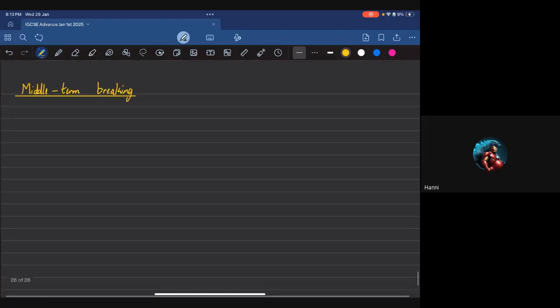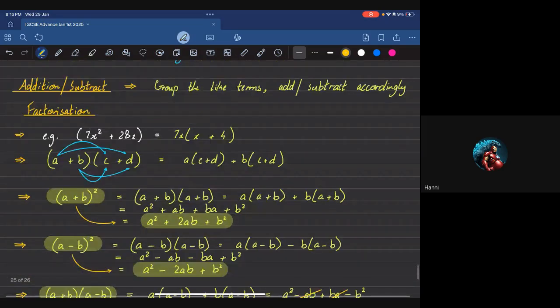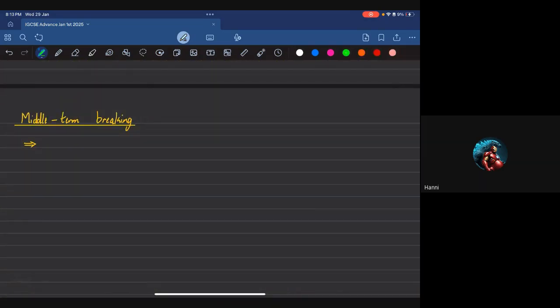For example, I'm going to attempt this in a generic, general form. Let's just say there is a quadratic expression ax squared plus bx plus c, and a, b, c are constants over here.